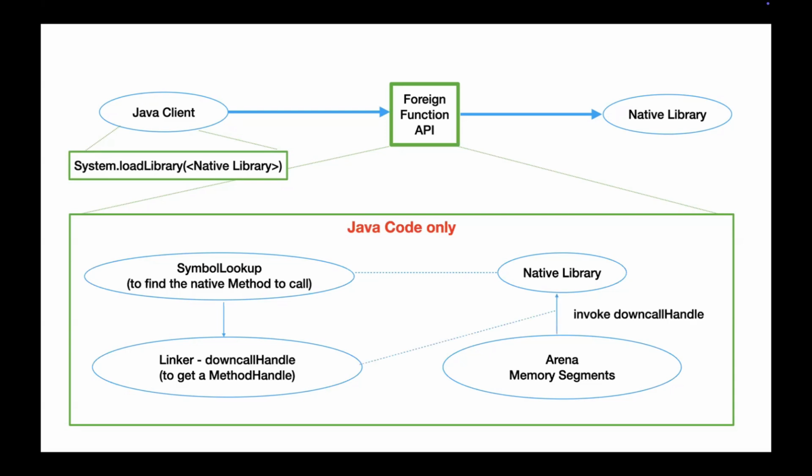And then you just say, okay, please, downcall handle, call this method, and please take this arena or this memory segment and just communicate with the native library. And that's all you have to do. And once the arena is closed, all the memory is freed, and you're on the safe side. So you stay within your Java code.